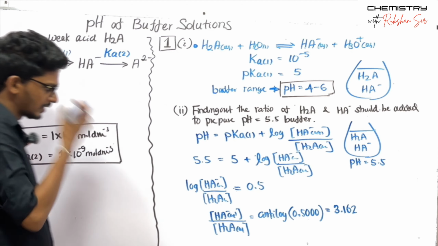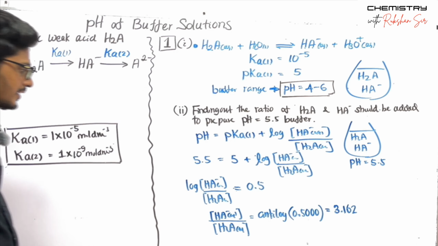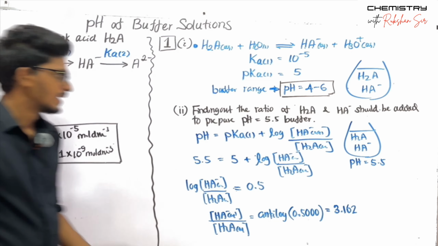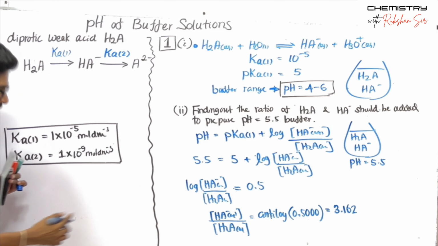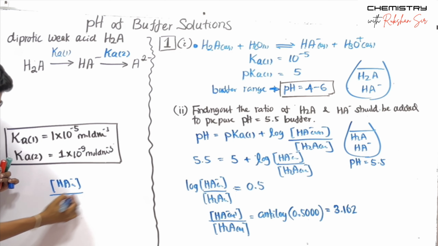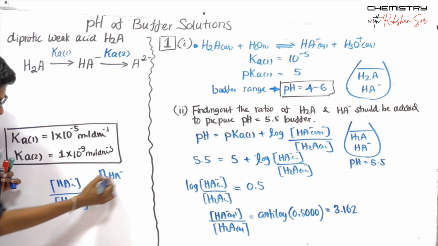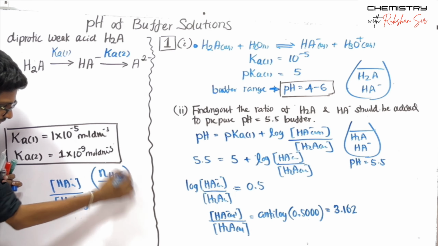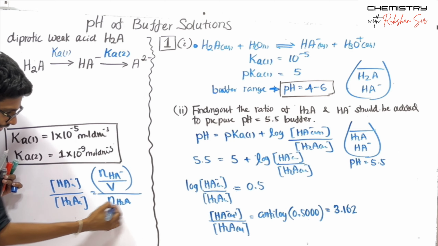So now here the concentration ratio is actually the mole ratio. How come? It's like this. The HA minus to H2A concentration ratio means n of HA minus divided by the volume, divided by n of H2A over volume.